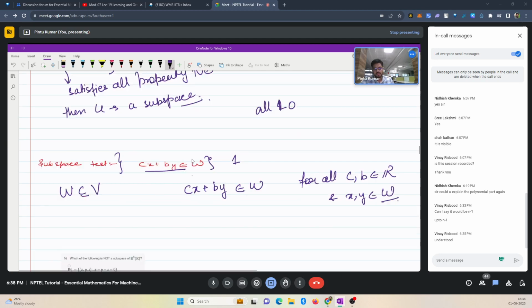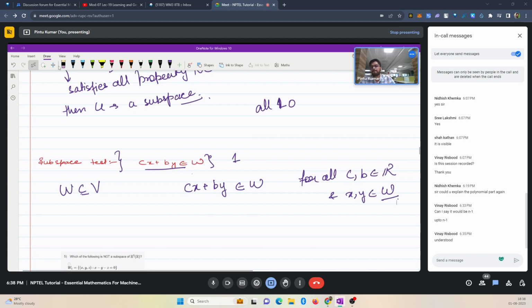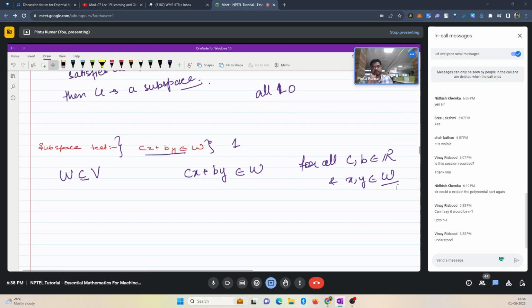So you all must have come across systems of equations, right? So let's say we have 2x plus 3y is equal to 0, or x plus y is equal to 0, something like this. If you look at the solution space of this set, this solution space generally forms a vector space.